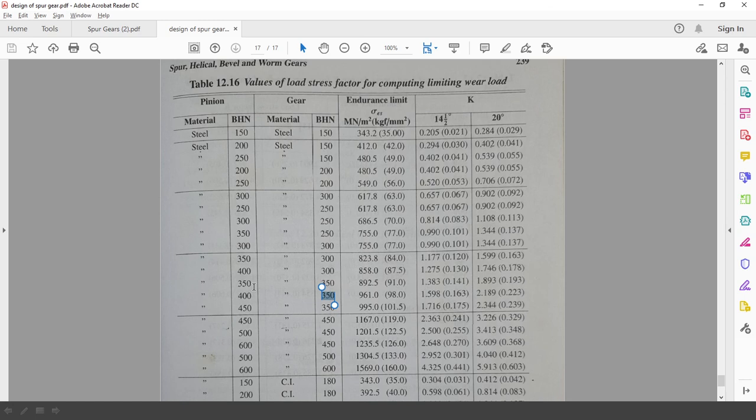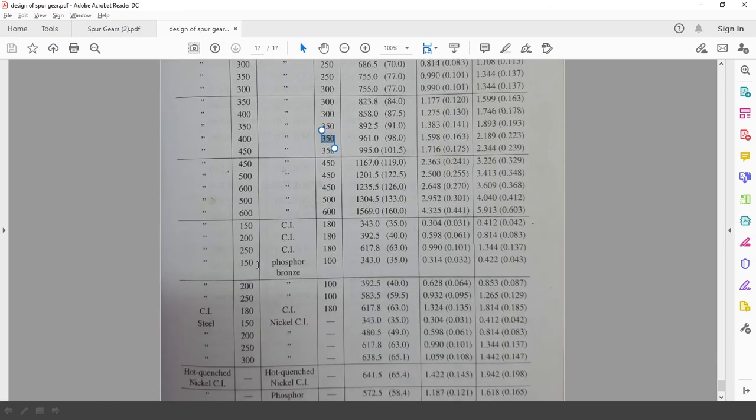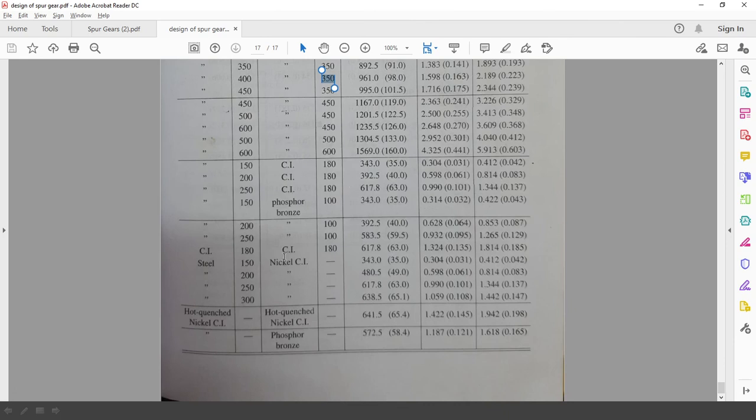Now both are steel material. Suppose the materials are different here. It may be a combination of cast iron gear and phosphorus bronze. Then you need to cross check the value of K here, and based on that you need to suggest.